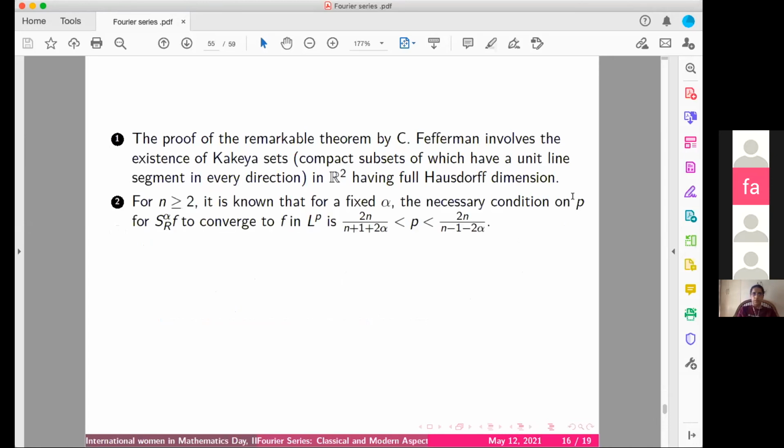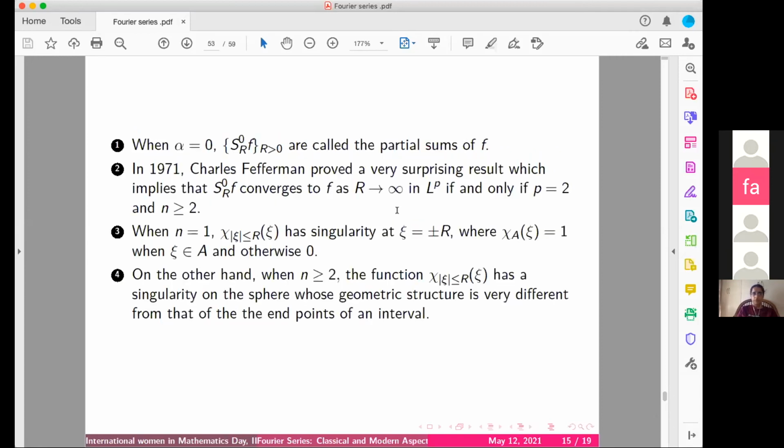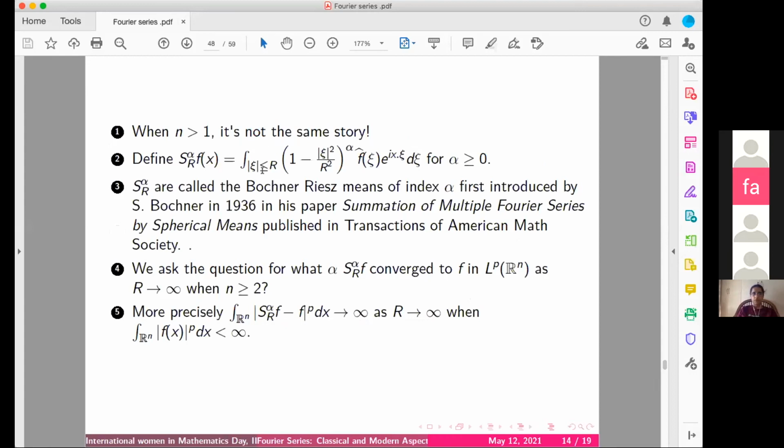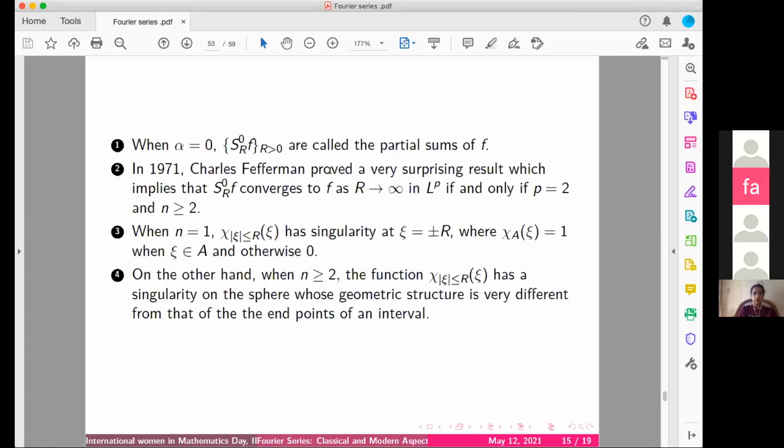Now we can ask what happens for alpha positive. When alpha is positive, you have this operator here, and you have a better function than for alpha equal to 0.